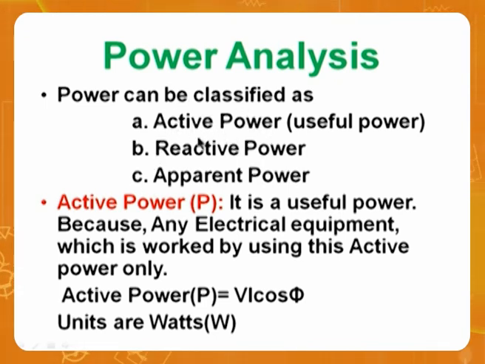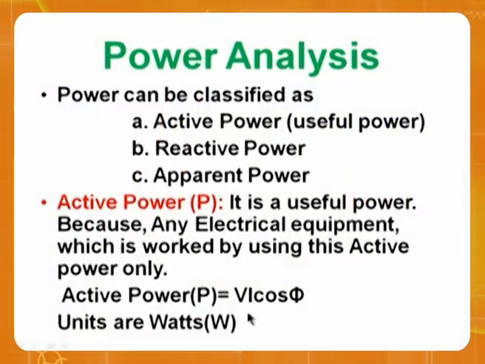Let us go by definitions one by one. First one, active power. It is useful power because any electrical equipment works by using only this active power. What I mean is, you take any electrical appliance, where you will calculate active power, that power is Vi cos phi. So this is called active power.